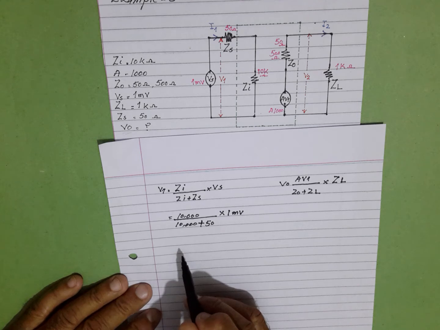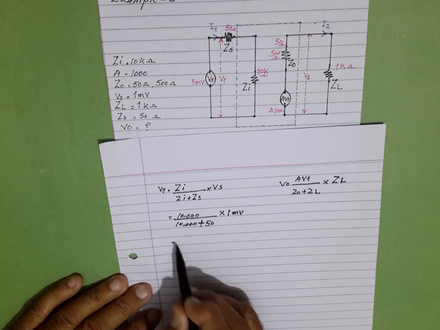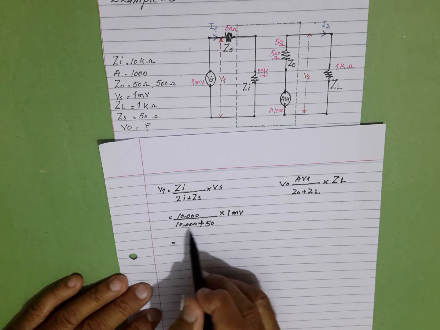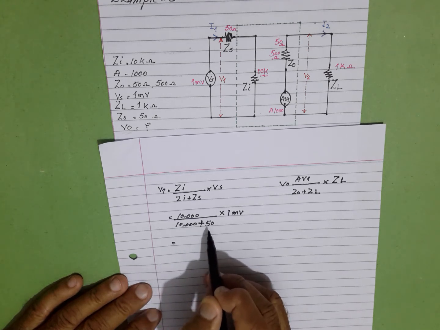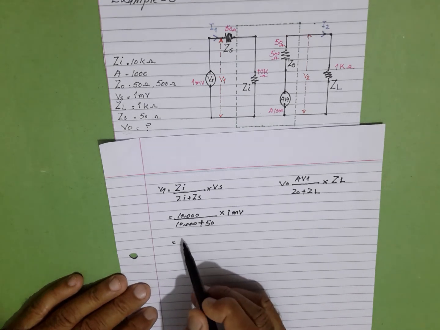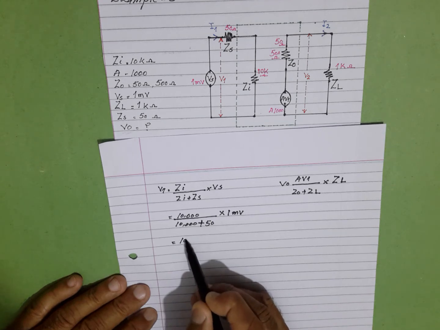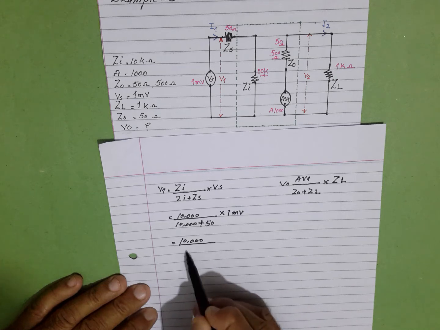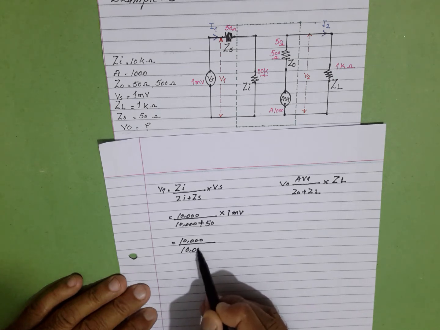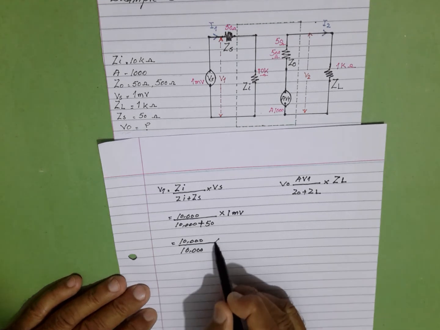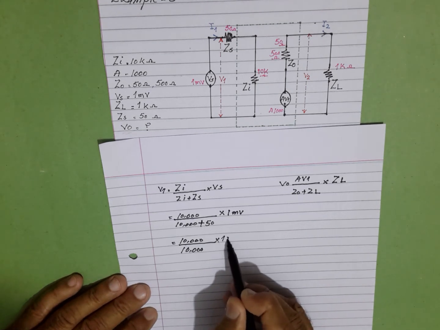This can be further written as: 50 ohms in parallel with 10,000 ohms is a small value and can be neglected, and this becomes 10,000 divided by 10,000, 50 ohms neglected, into 1 millivolt.